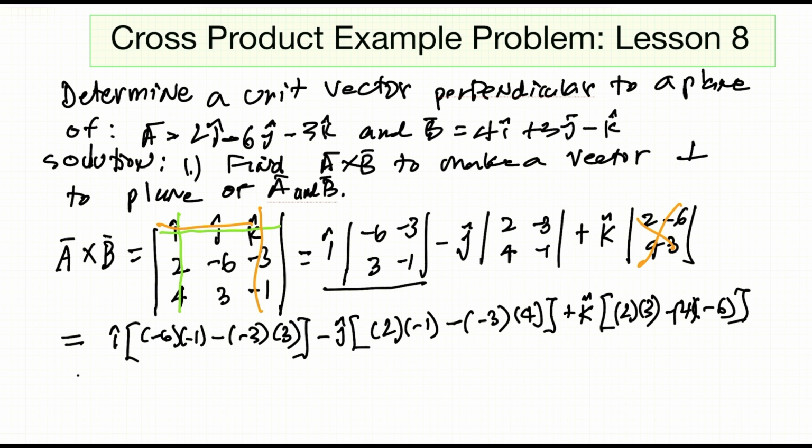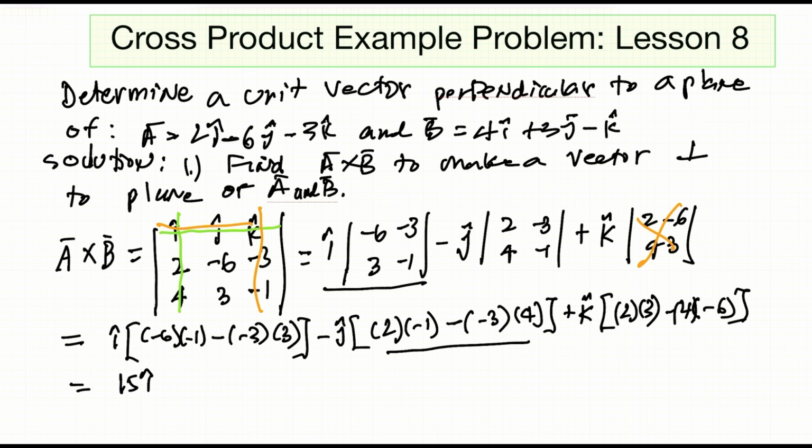All right, so let's do the arithmetic here and see what we come up with. So minus 6 times minus 1 is 6, and then that's going to be a plus 9. So that's going to be 15i. Now on the j, we're working on this one now. That's minus 2, and then the minuses cancel on the minus and minus 3, so that's a plus 12. So we've got minus 2 minus 12, that's 10.